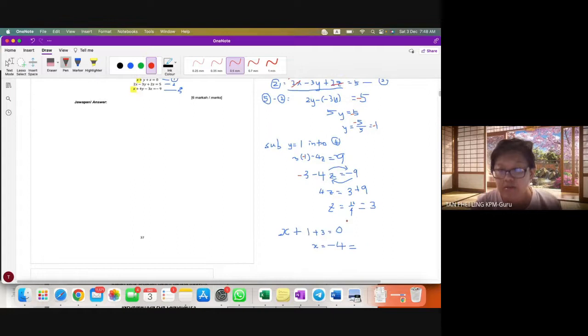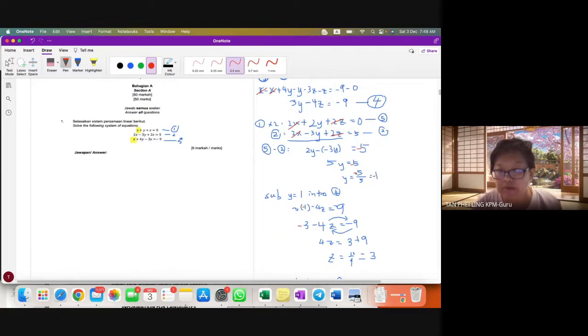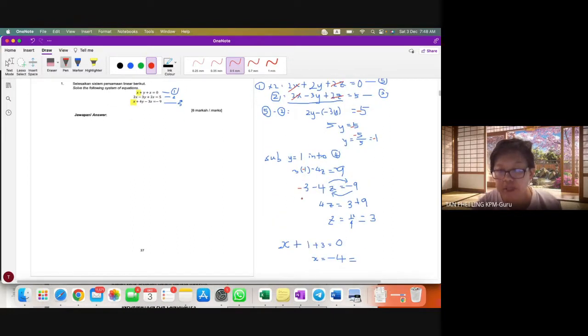Okay, so now I realize that this part wrong, then here wrong, so negative 3 minus 4z. So here this one become 9 minus 3, right? Yeah, so let me do a correction here, red color. So this one should become 6 over 4, correct.